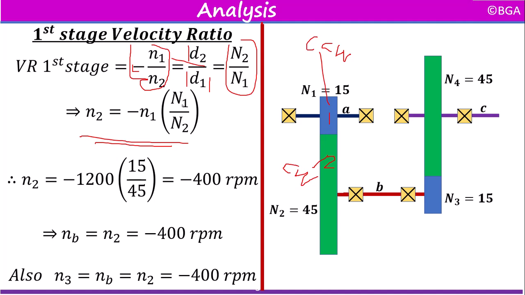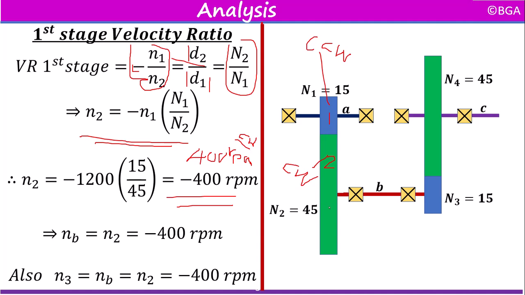The number of teeth of the driver gear is 15, and the number of teeth of the driven gear is 45. Then you get the RPM of the second gear to be negative 400 RPM, or you can say 400 RPM in the clockwise direction. The minus sign is substituted with the word clockwise.